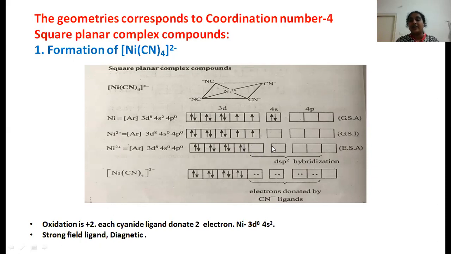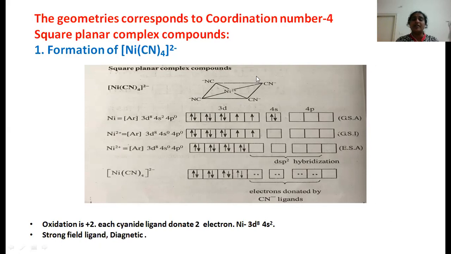One d orbital, one s orbital and two p orbitals are involved in hybridization and form dsp2 hybridization. To each orbital, a ligand donates a pair of electrons and makes the bond between metal and ligand, forming the nickel tetracyanide complex.